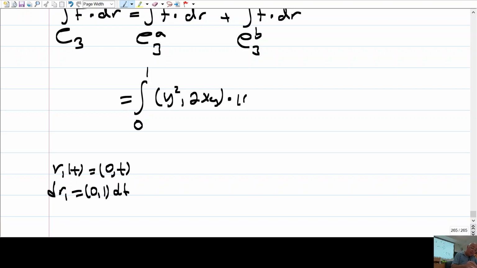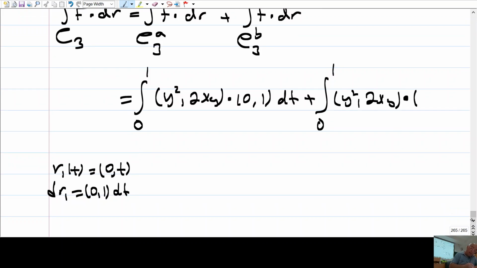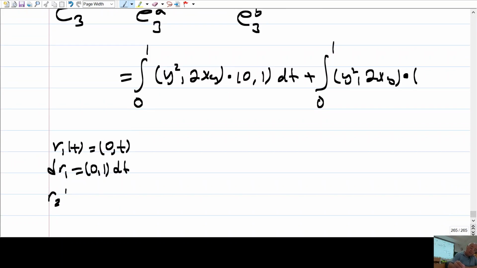So here, this is the integral of F dot (0, 1) dt, plus the integral from 0 to 1. F is the same, (y squared, 2xy), dot product dr. Well, r2 is (t, 1). So what is dr2?